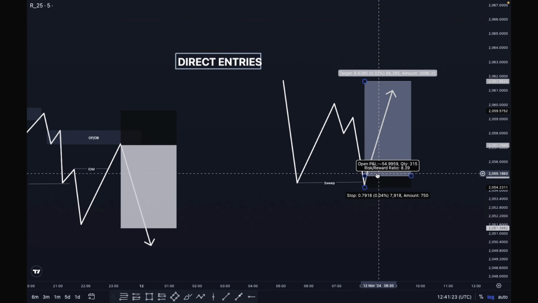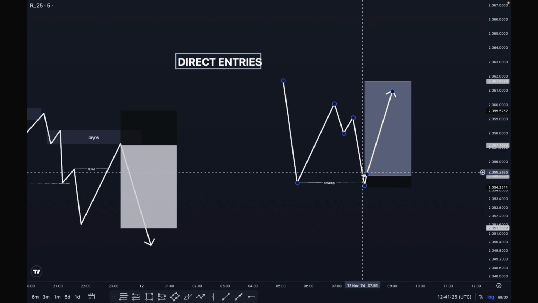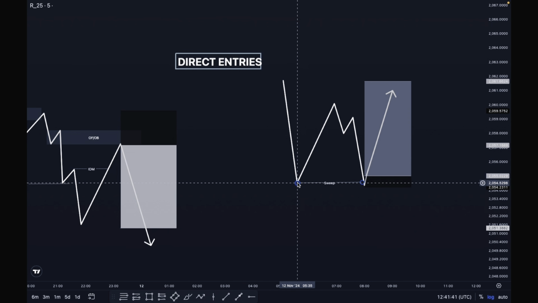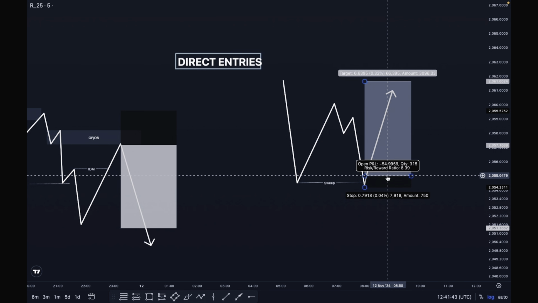This one you cannot use a limit order for, because you are working based on candle confirmations. So the moment the sweep candle closes, the next candle that opens, you take your entry immediately as it opens, and you put your stop loss slightly below the wick of the candle that swept the swing. This is how you go directly when you have a sweep scenario.